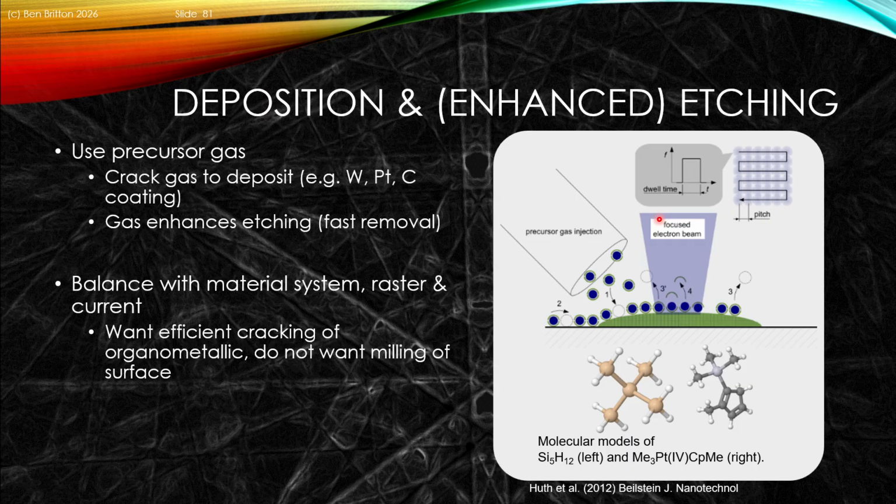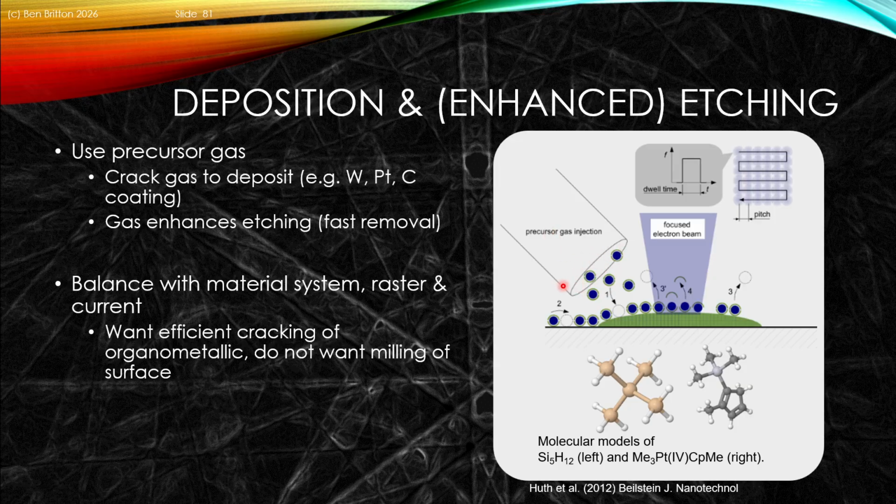So if we're going to look at deposition and enhanced etching, the approach is that we're going to have our focused electron or ion beam, depending on how we do this. We'll see that we're going to use this in both electron and ion modes, depending on what we're doing. And we're going to introduce a precursor gas into the system.